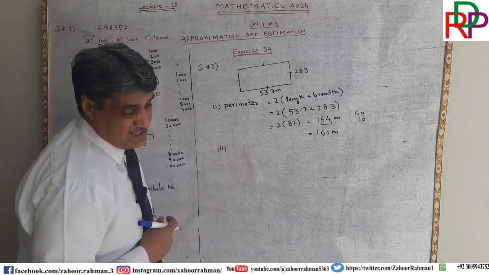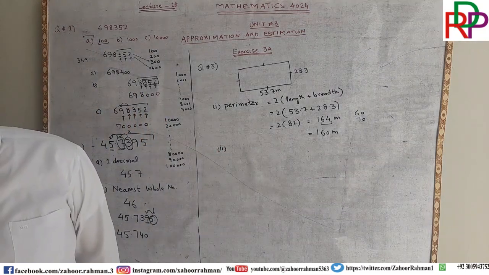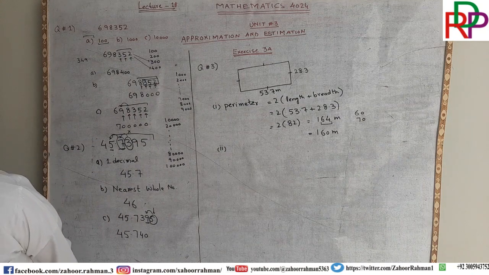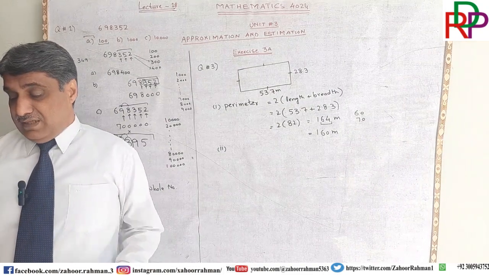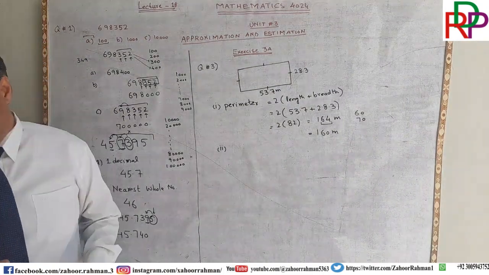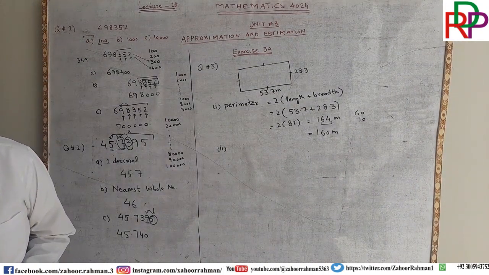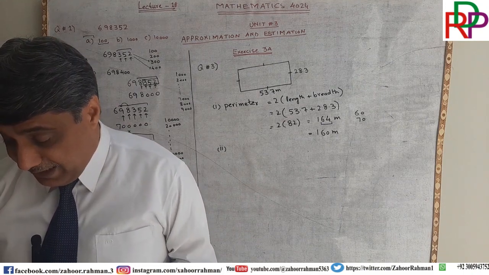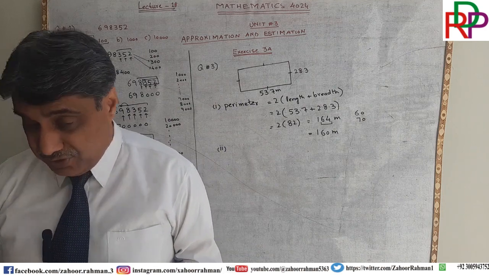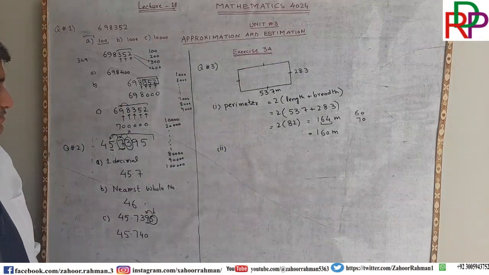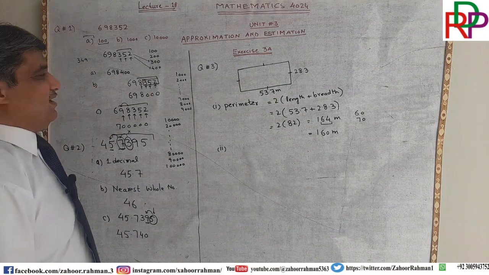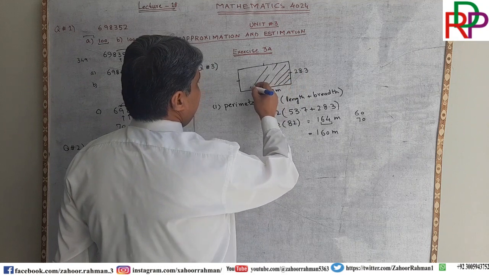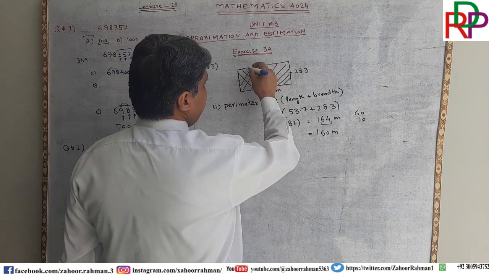Similarly, ladies and gentlemen, they are asking in the second part the area of the rectangular field, the area of grass needed to fill up the entire plot of land, correct to the nearest 100 meter. Now we have to find this internal area, and this is called area.